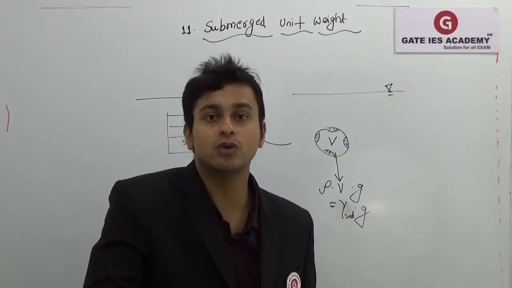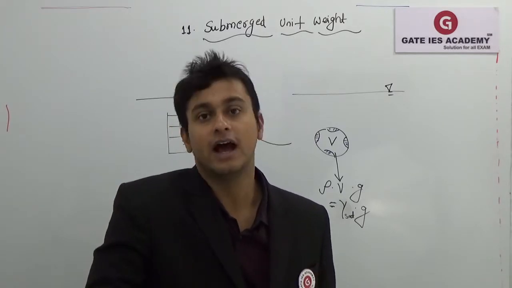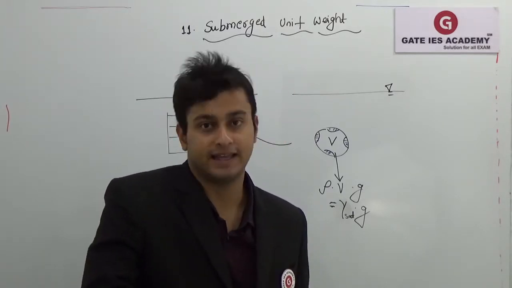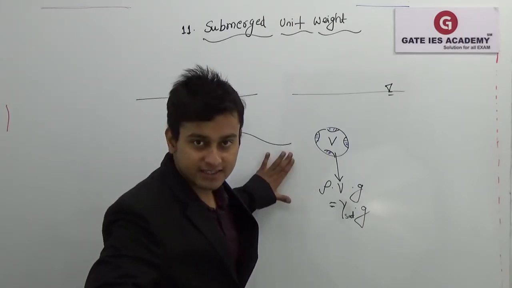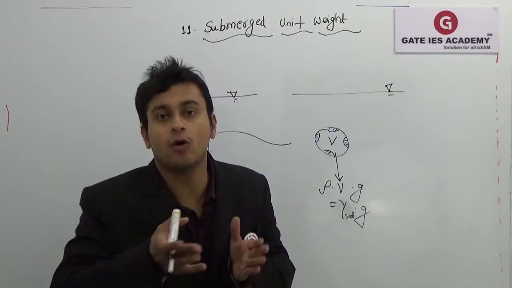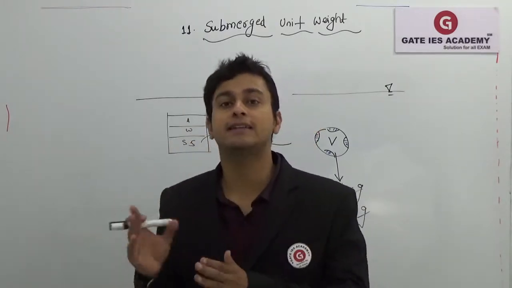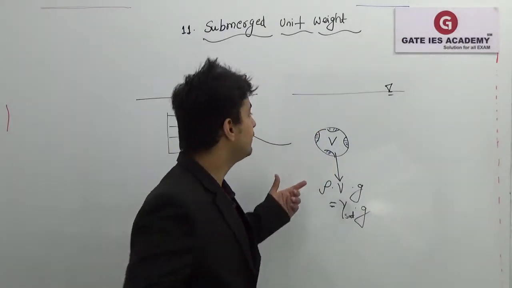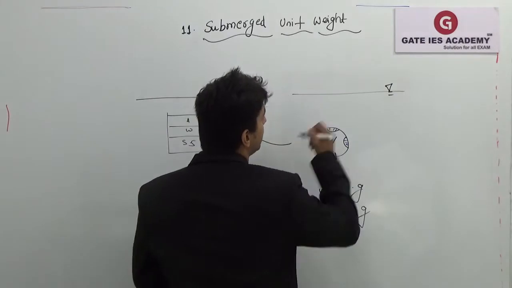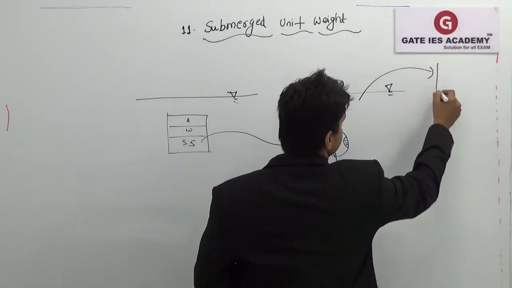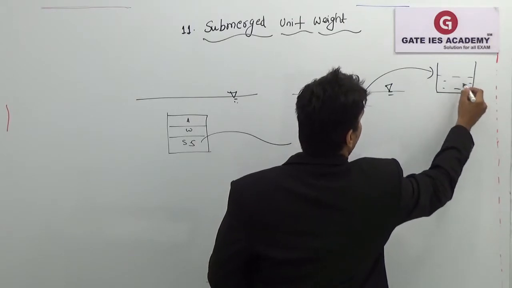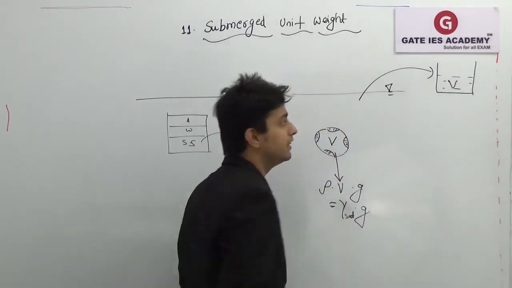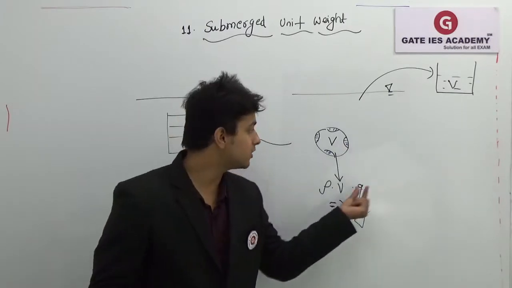The magnitude of the buoyant force exerted by the fluid, water in this case, will be equal to the weight of water displaced by this particular body. If it is a volume V, obviously it will displace V amount of water, but not solid.